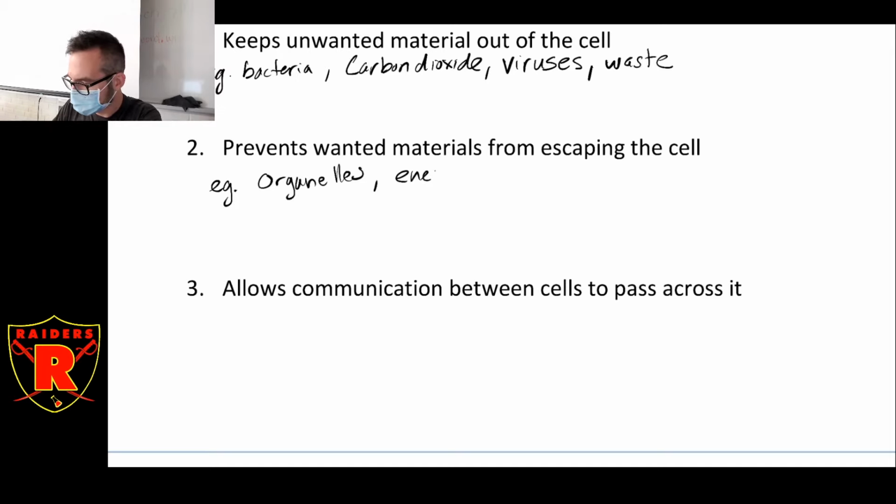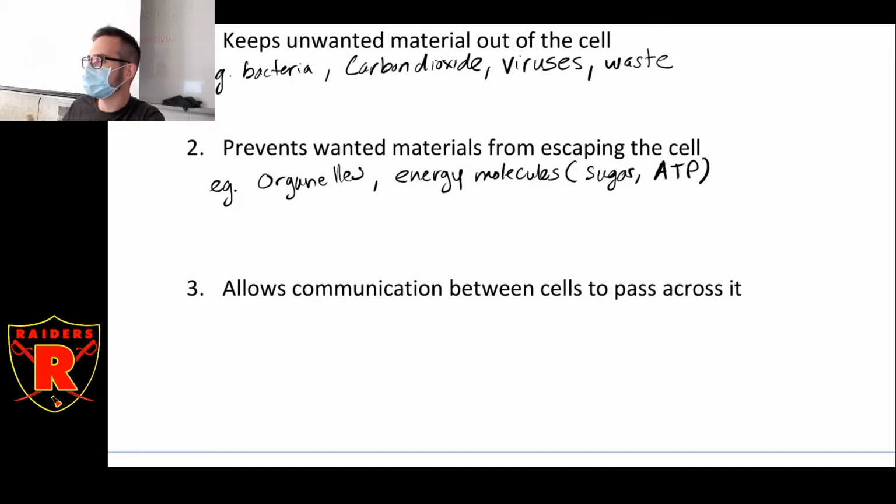Energy molecules. So that could be sugar, or the cell makes something called ATP, adenosine triphosphate. It's actually discussed in your lab. You want to keep that stuff inside the cell so you can use the energy. That's the cell's most important energy molecule. What about protein? Absolutely. It wants to keep its proteins inside.